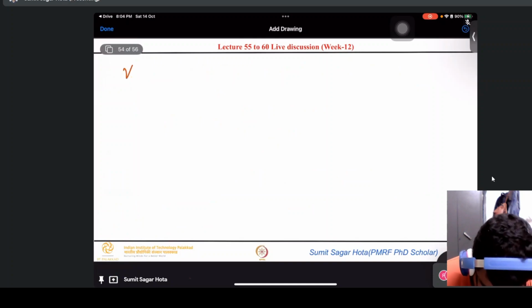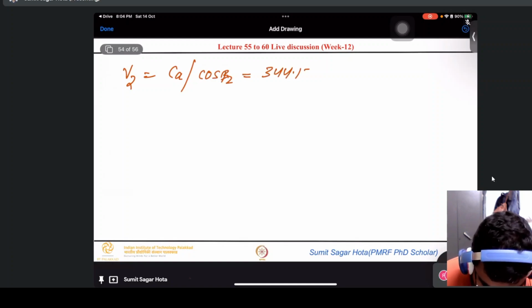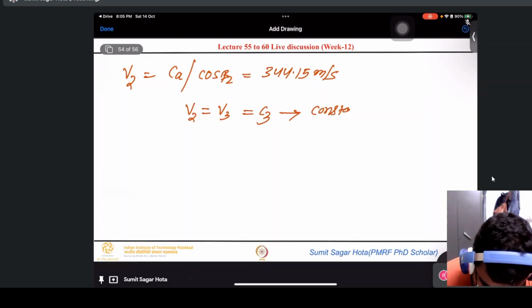So now what is B2? B2 equal to Ca divided by cos beta 2, equal to 344.15 meter per second. B2 equal to B3 equal to C3, constant axial velocity.